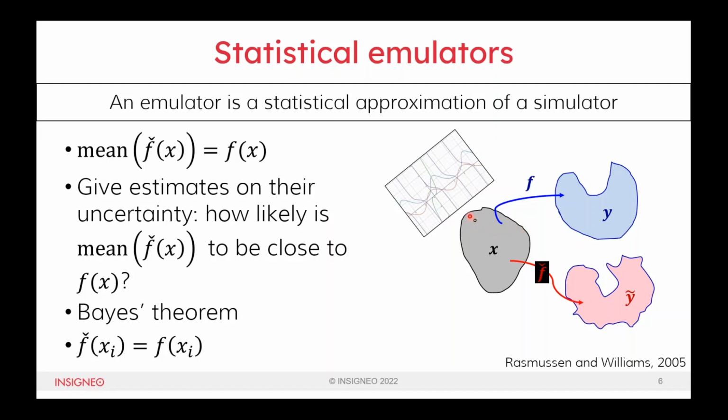So in each point here, you have an infinite number of functions, and what you need is a criterion for discriminating among these infinite possibilities and picking one function that emulates f in a satisfactory way.